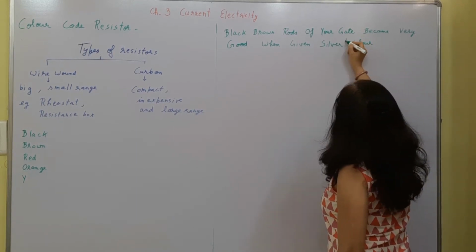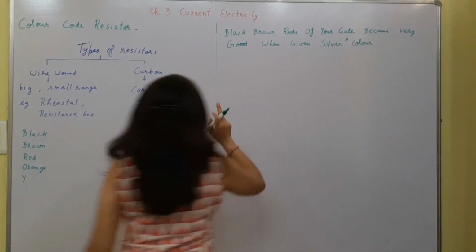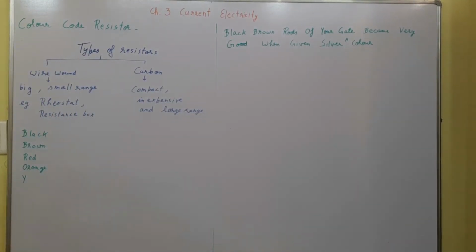And here we need to remember this N, that's why I have written N over here. So: black, brown rods of your gate became very good when given silver color.